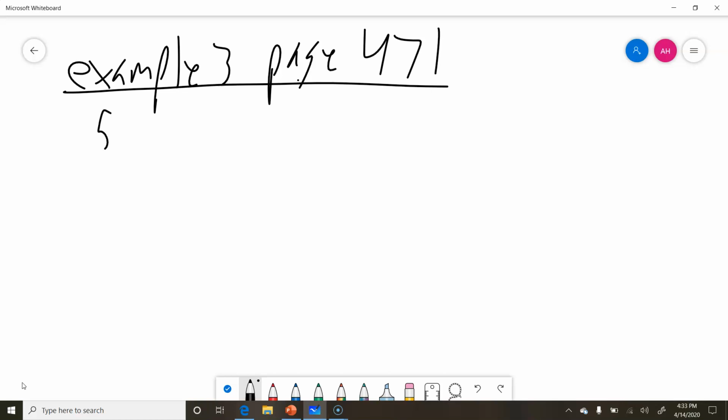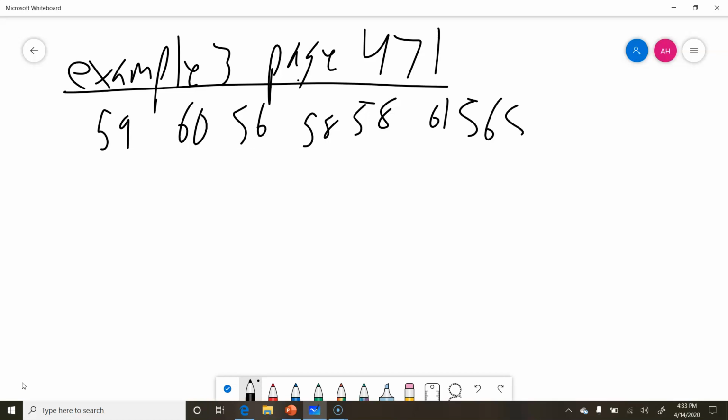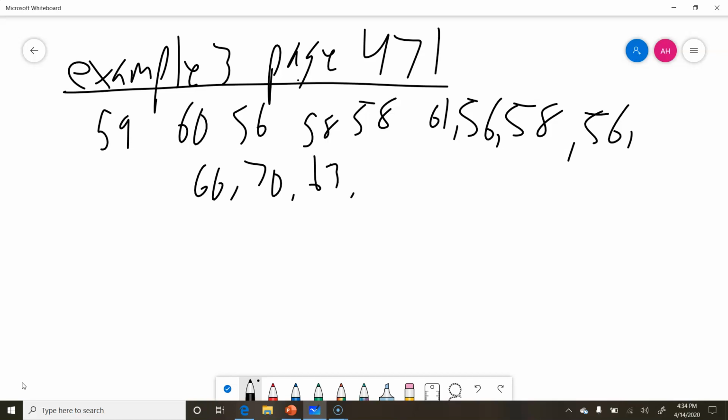It says they gave us 59, 60, 56, 58, 58, 61, 56, 58 again, 56 again, 66, 70, 63, 65, 57, 64, 73, and 57.